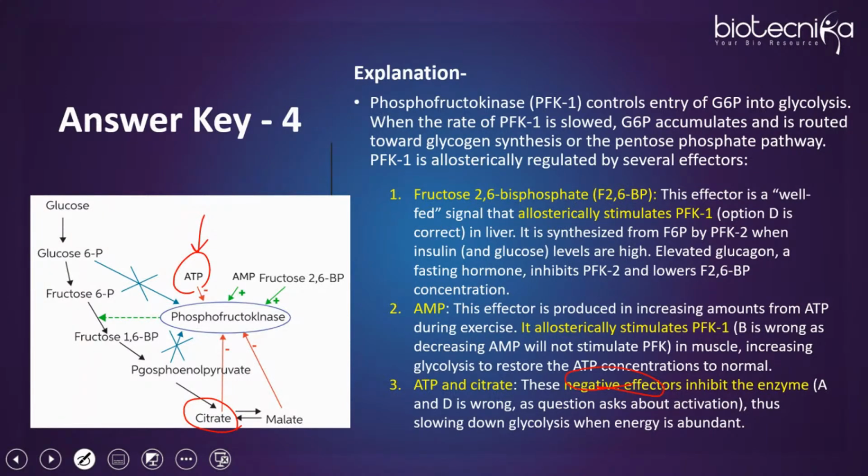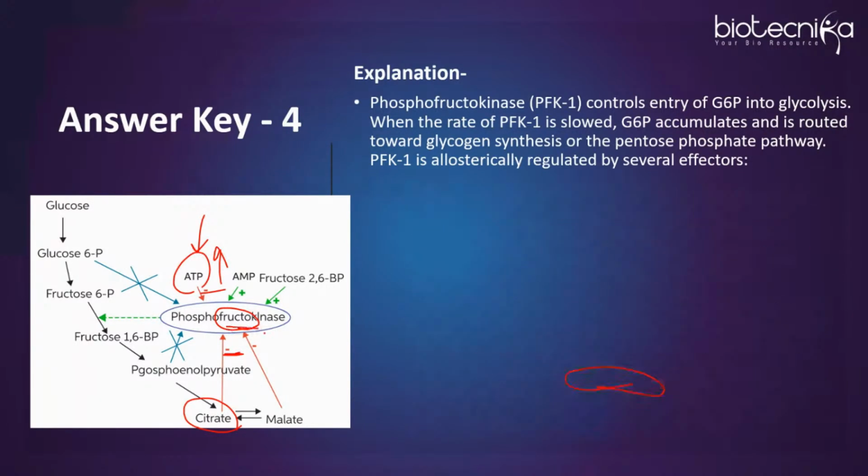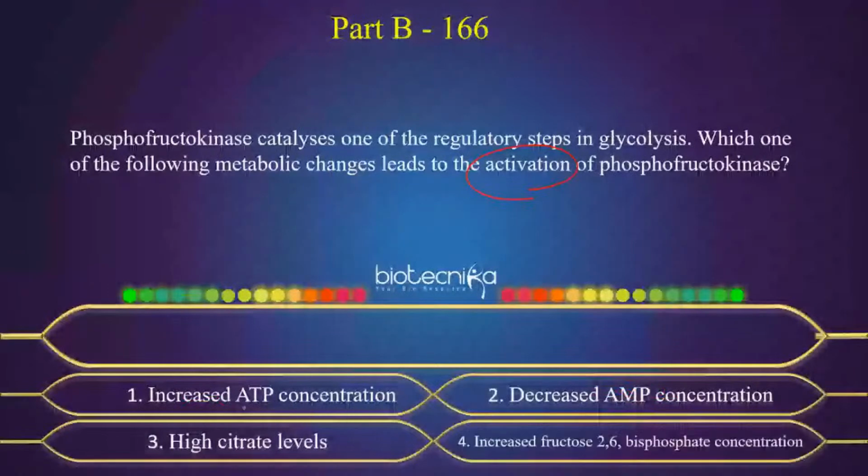So these are negative effectors. That means if their concentration is high, PFK will get inhibited. You are following the minus sign, no? In the other options, they said increased ATP, high citrate. These inhibit the enzyme, but the question is asking for activation, so those are not correct. This is the correct answer.